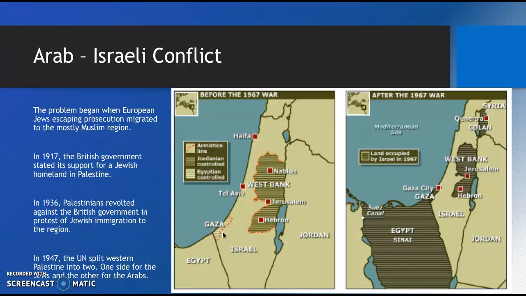Gaza was Egyptian controlled. And so after the war, Israel had gained the Sinai Peninsula, the Gaza, and this area right here, Old City of Jerusalem, and even Golan Heights all the way up here.